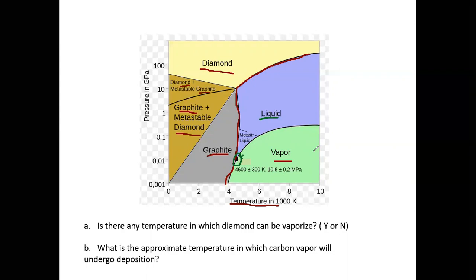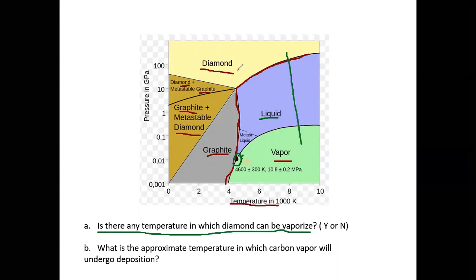on this graph. And so the first question asks, is there any temperature at which diamond can be vaporized? For diamond to be vaporized, it has to cross the liquid-vapor, or the vapor boundary.